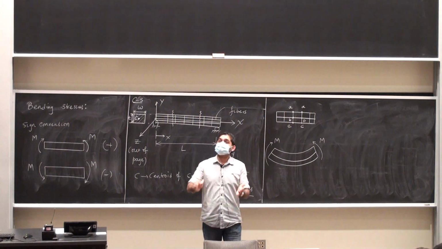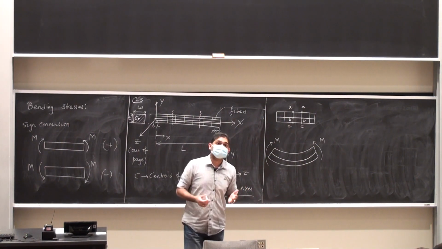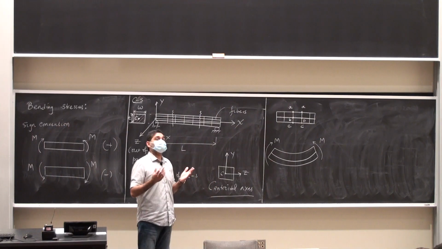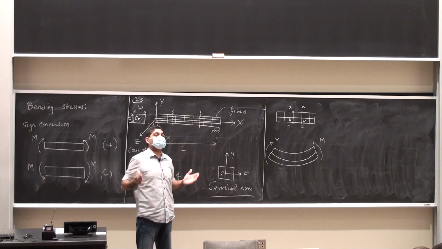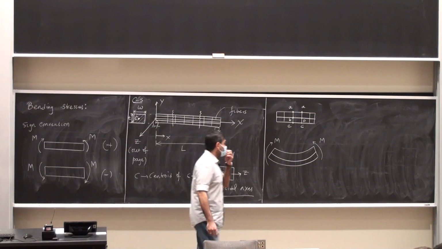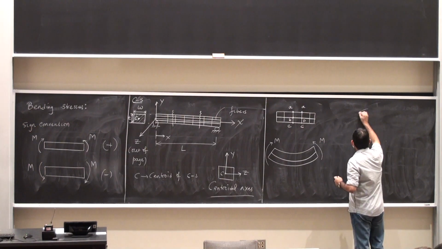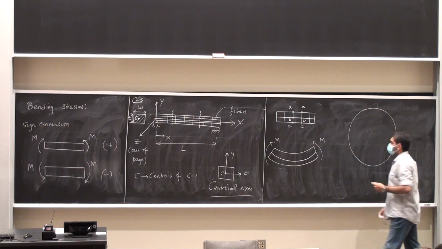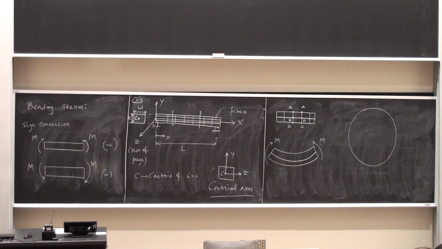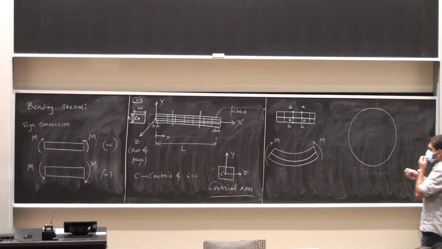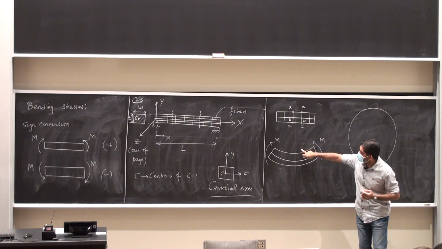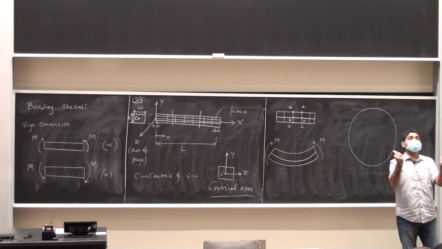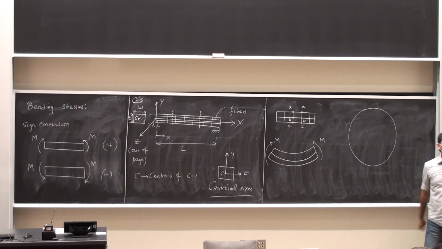The first thing is you want to imagine how this bending process is taking place by thinking of the beam as wrapped around a very large imaginary cylinder. Okay, so I'm going to draw a cylinder, a circle essentially. Okay, so this is just some kind of an imaginary circle. I'm taking the beam, which was right here, and this figure is imagined as if the beam is wrapped around this circular cylinder.